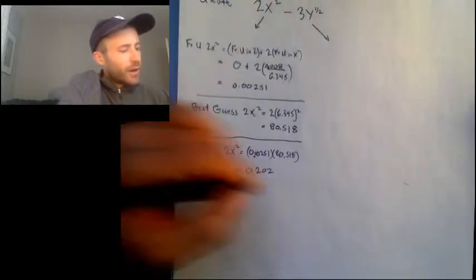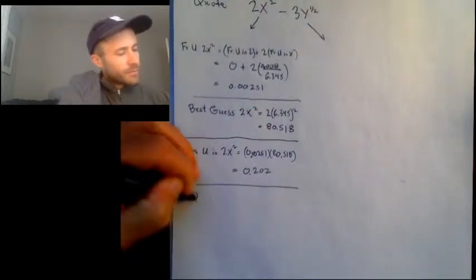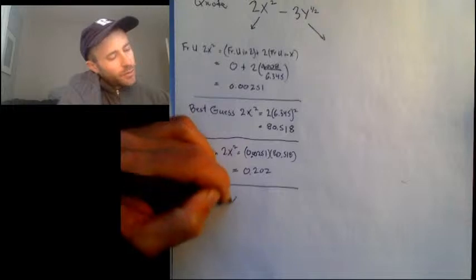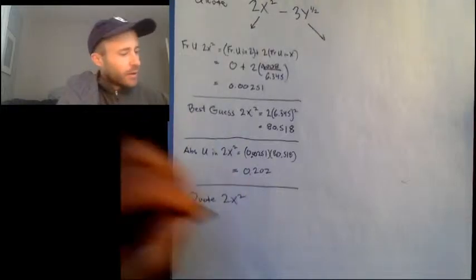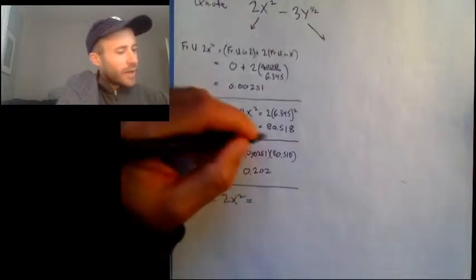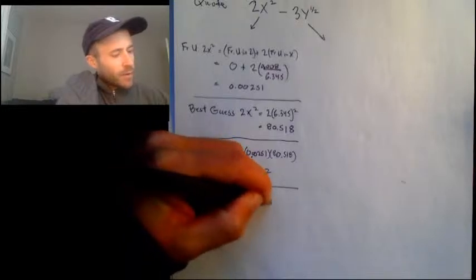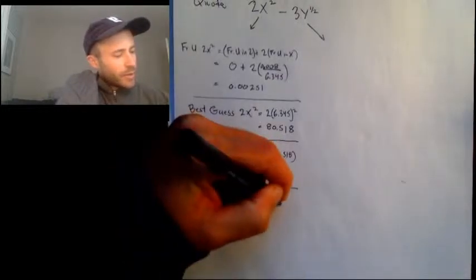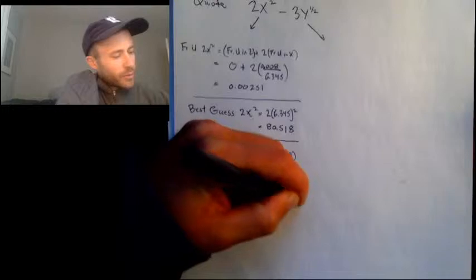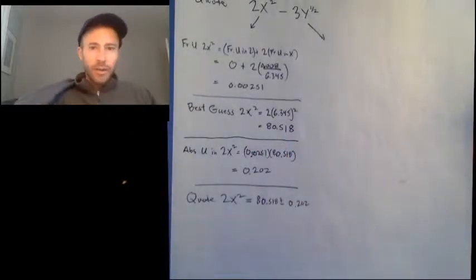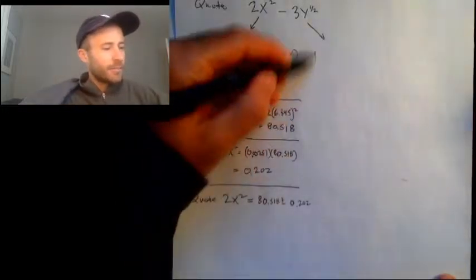So now I'm going to quote 2x squared. All right? So 2x squared is 80.518 plus or minus 0.202. And I'm not going to do any rounding until the very last step.